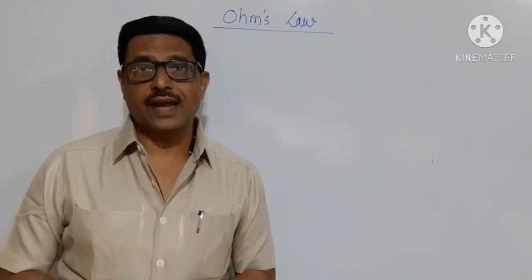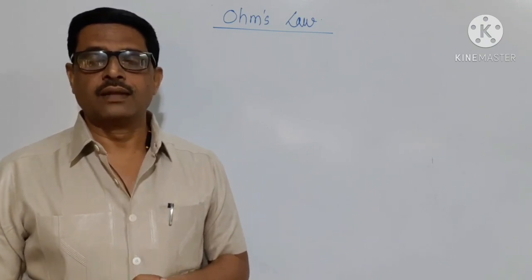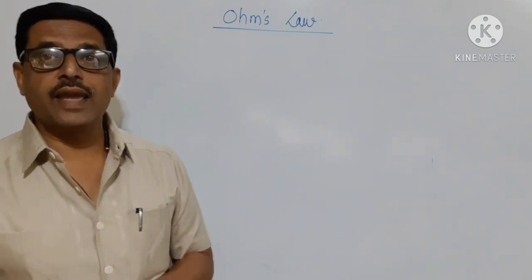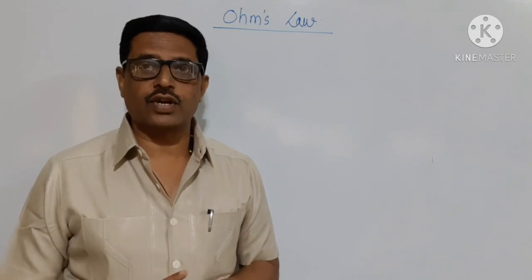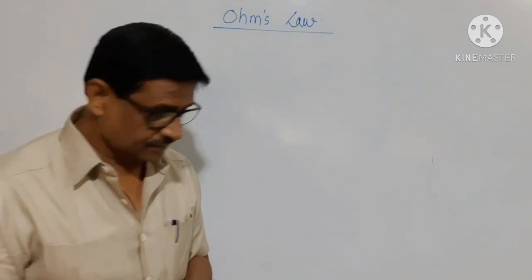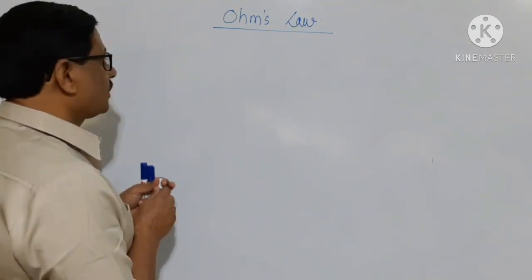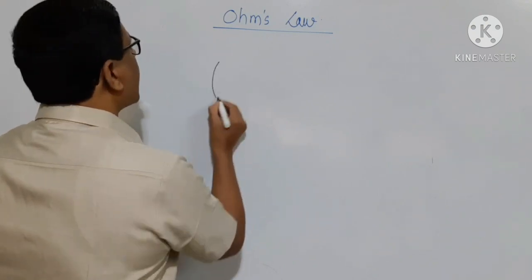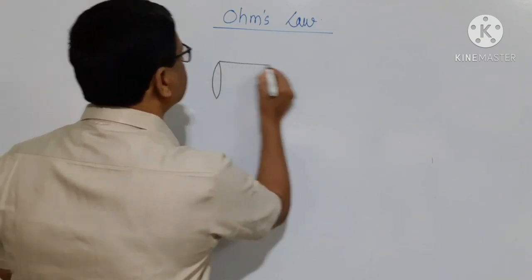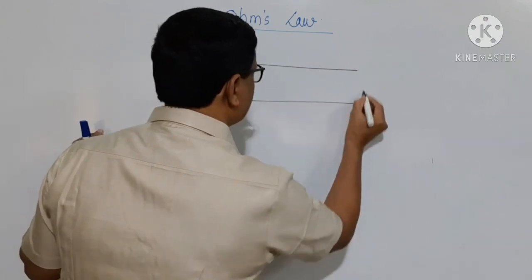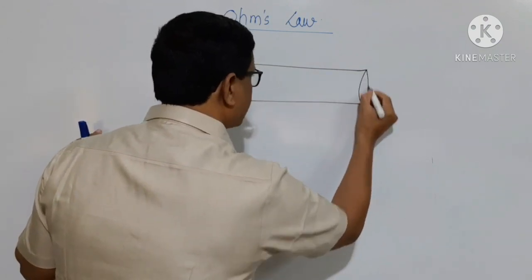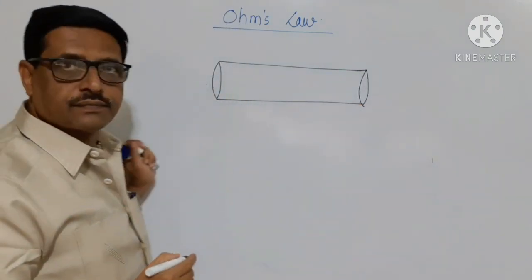What we know is that the substances which are able to conduct electricity are called conductors. A conductor is supposed to have a large number of free electrons. The free electrons are in a state of random motion.